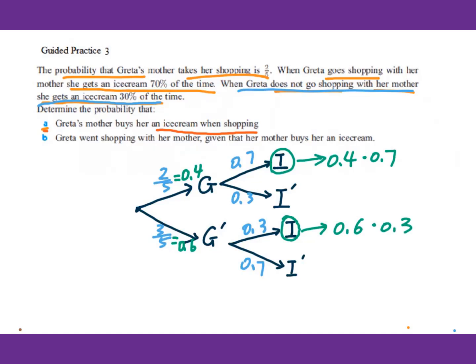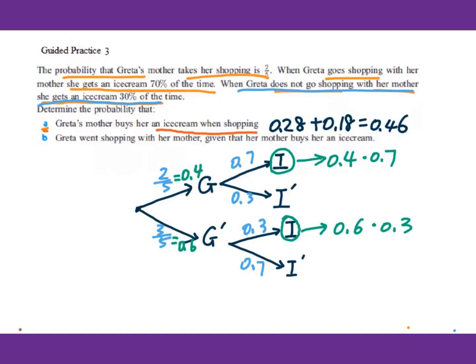Then you're adding these two together. 0.4 times 0.7, that is 0.28, plus 0.6 times 0.3, that is 0.18. So you get 0.46.